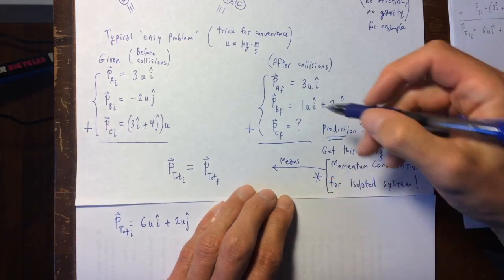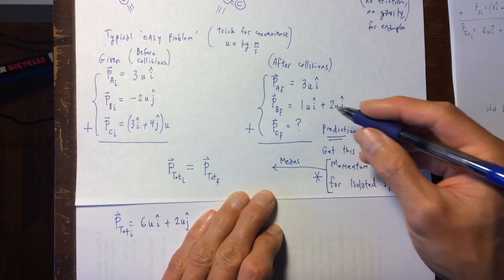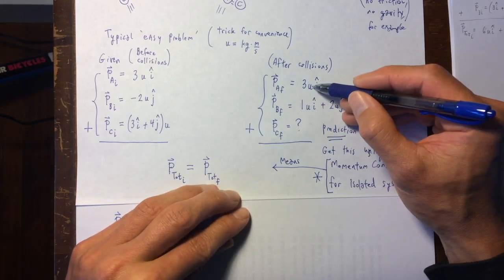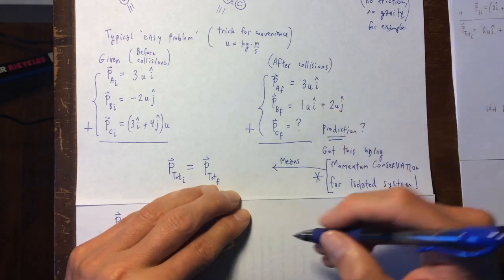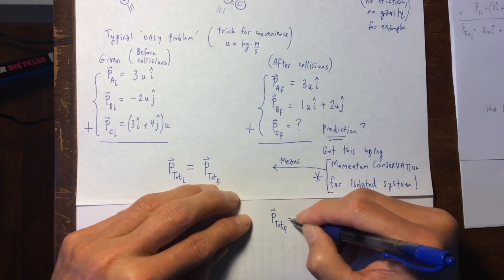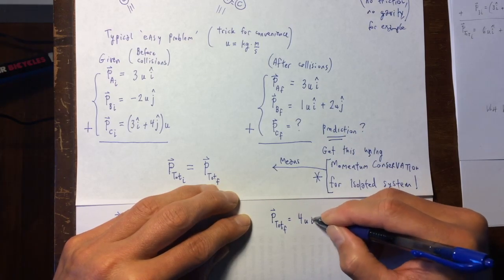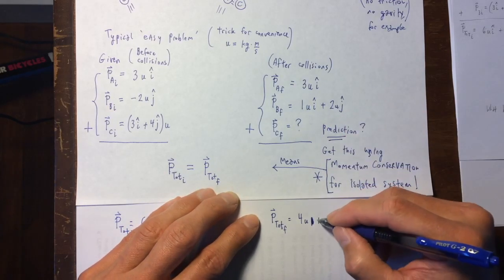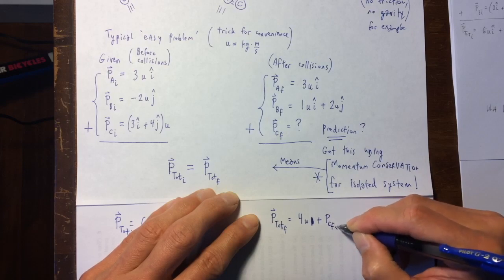And then over here, this is the total momentum afterwards. So this is where the unknowns are. In the x direction, I've got 3 plus 1 plus something that's unknown in the x direction. So I'm going to write it this way. P total final is equal to, so 3 plus 1 is 4. And I'll reserve the i hat for a little bit, but plus the unknown c final x direction.